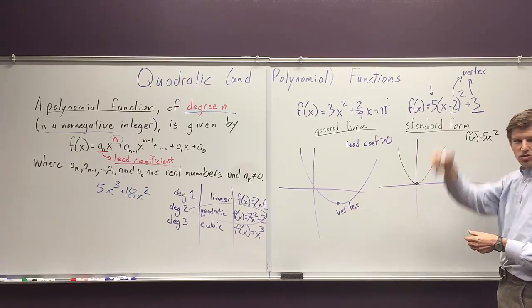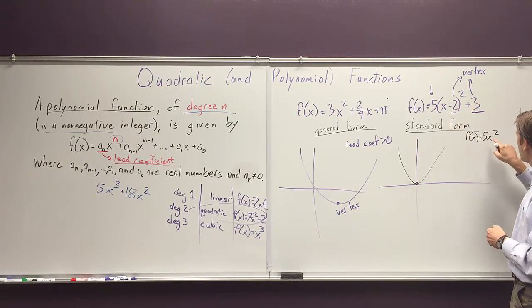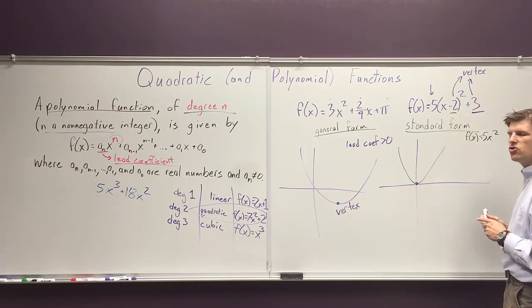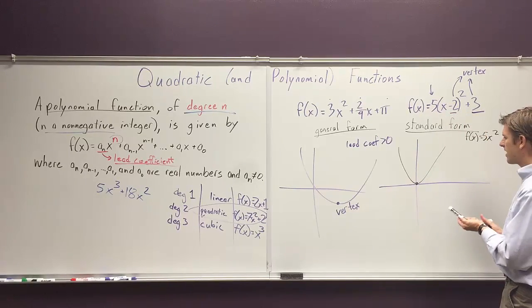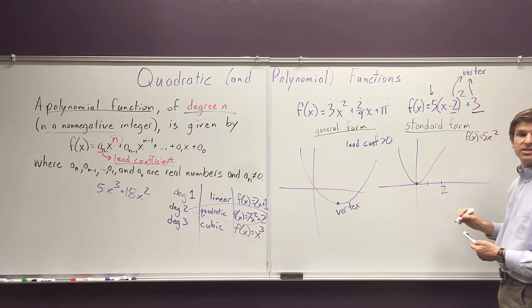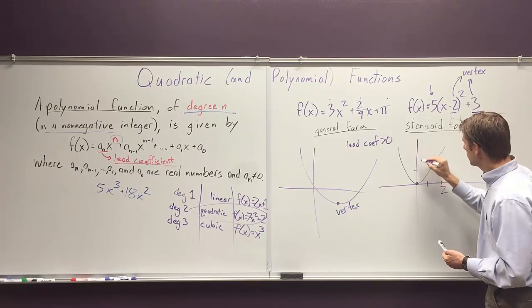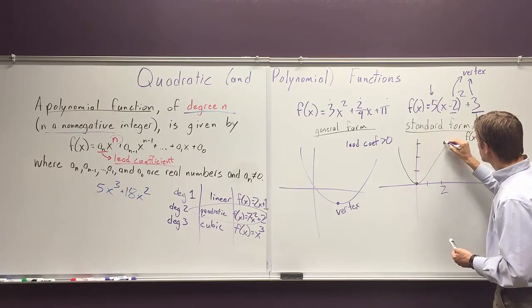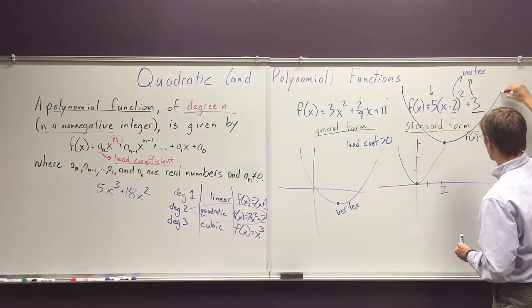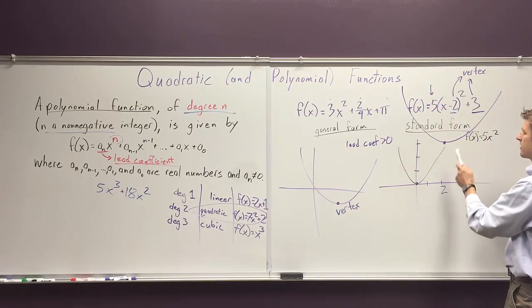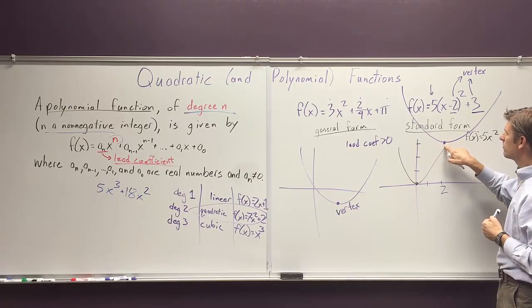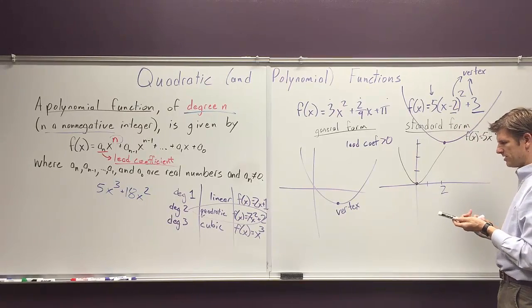That's a vertical stretch, okay? And then what does a negative 2 on the inside do? Well, that shifts you right 2. What does a plus 3 on the outside do? It shifts you up 3. So we happen to know that this equation here, might get a little messy because I'm drawing over my own work, looks like that. So just roughly speaking, knowing where the vertex is really easy in standard form.